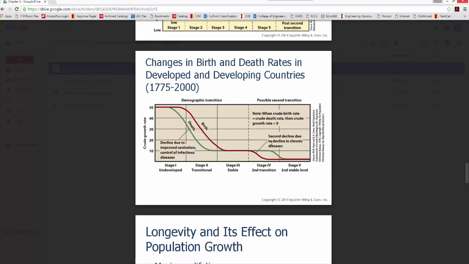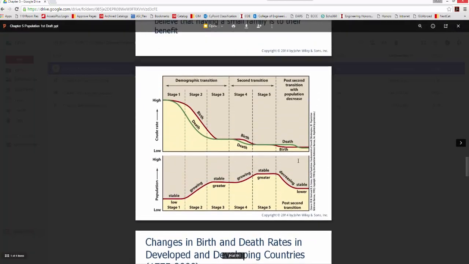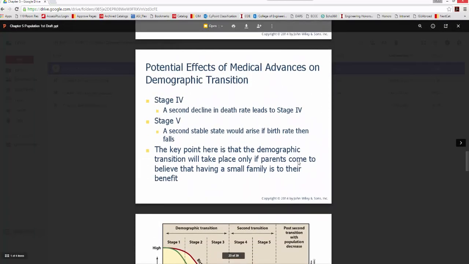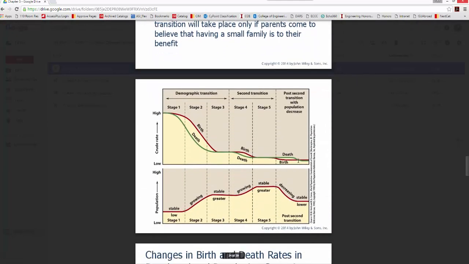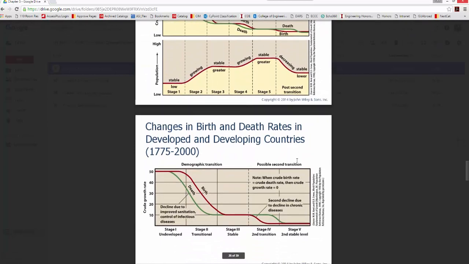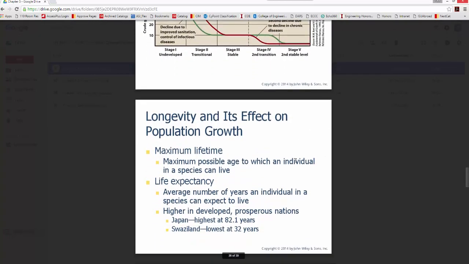This is due to a decline in chronic diseases, and then you end up stabilizing here in stage 5. So there's a lot of information going on here. You may have to go back and review this part of the lecture a few more times, but it's fascinating to see how this all works together.